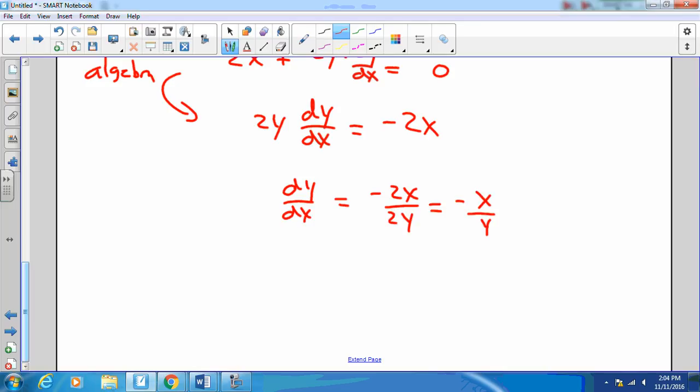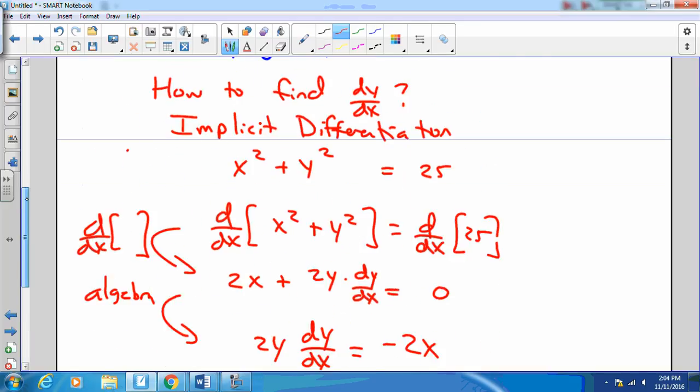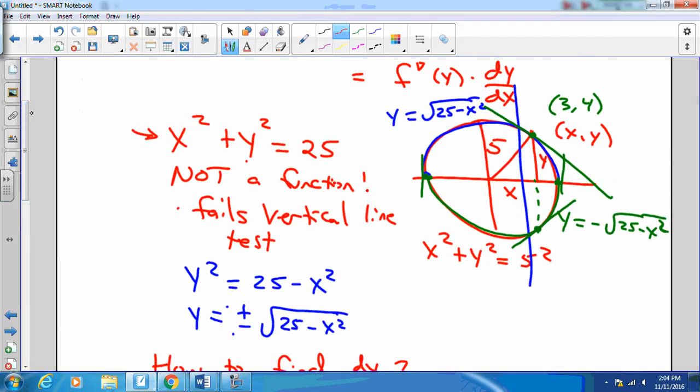Yes, isn't that an interesting expression? Notice that my dy/dx here has a value of the slope of the line tangent that depends not only upon the x value, but also on the y value. Oh, wait a second. That makes a whole lot of sense. Because the slope of my tangent line depends not only on the x value, but also on which y value I have.